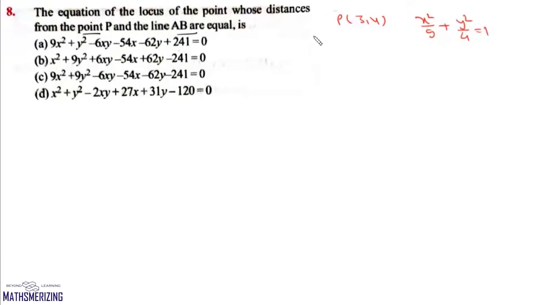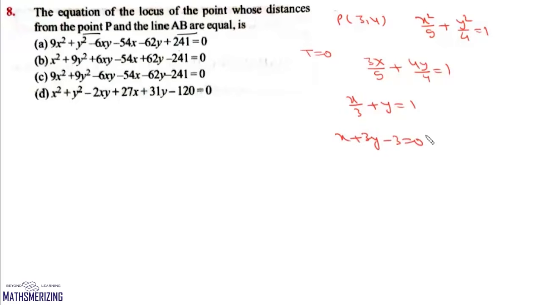This AB is nothing but the chord of contact of tangents drawn from this point P. So we know that the equation of the chord of contact is given by T equals 0, which in this case will be 3x upon 9 plus 4y upon 4 equals 1. So it will be x upon 3 plus y equals 1, so this equation will be x plus 3y minus 3 equals 0.